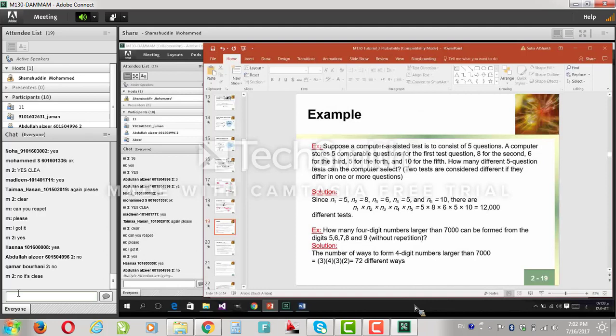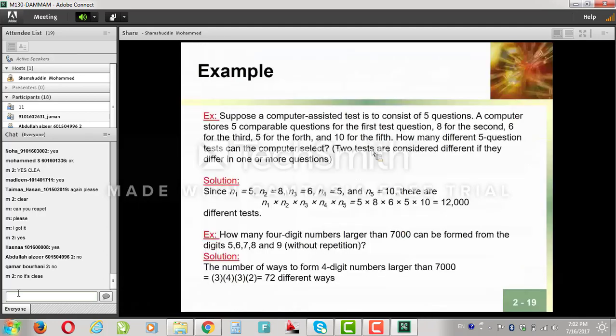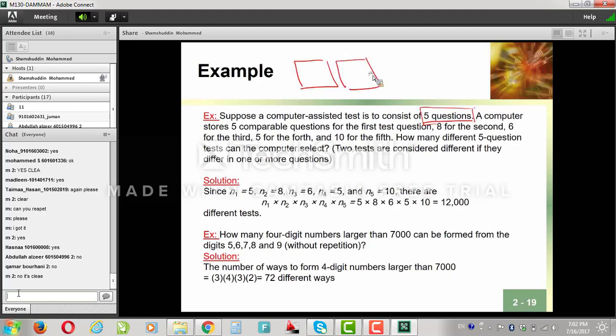Now, in the second case, we have the following. Suppose that a computer assists a multiple choice question now. We have a computer test that has 5 questions in it. So I have 5 questions: 1, 2, 3, 4, and 5.